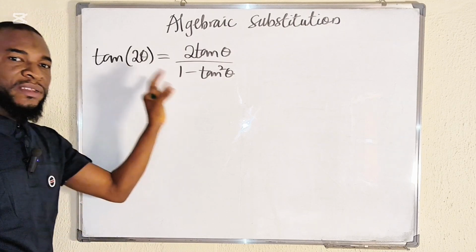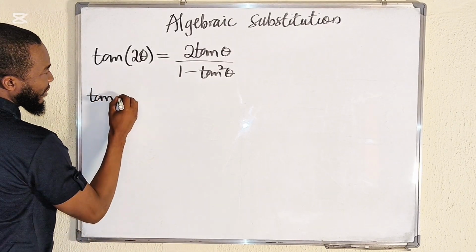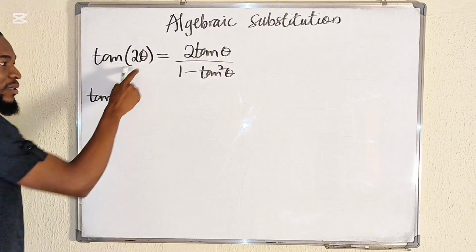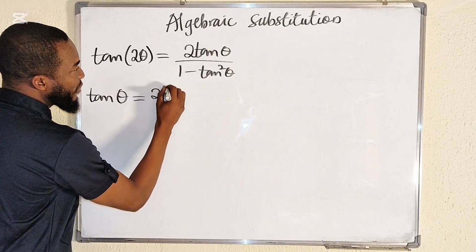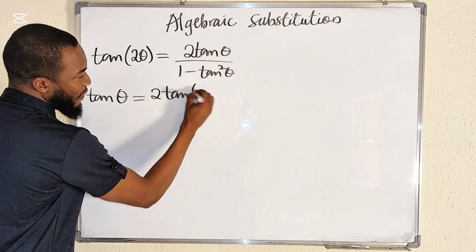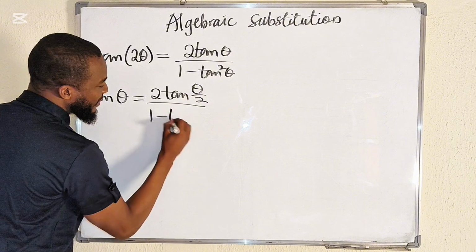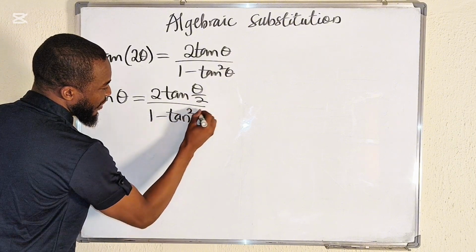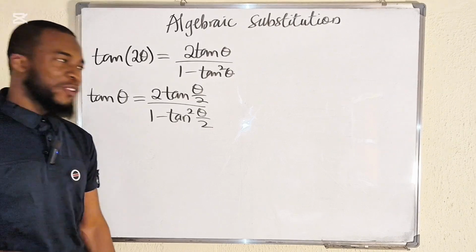Then what if you divide the entries by 2? You have tangent of theta, because 2 theta divided by 2 is theta, equal to 2 multiplied by tangent of theta divided by 2, divided by 1 minus tangent squared theta divided by 2. So we have divided the entries by 2.